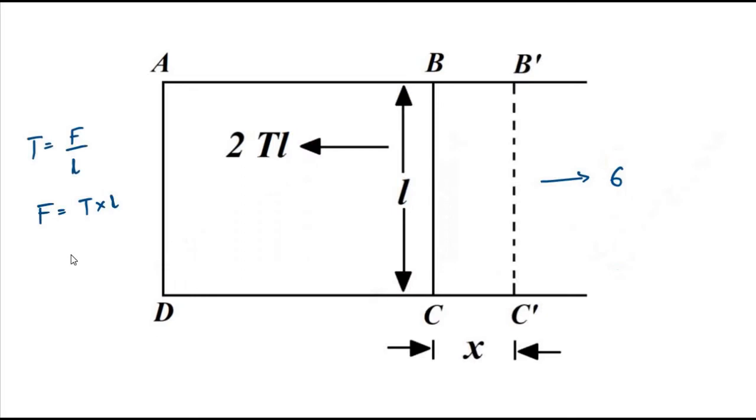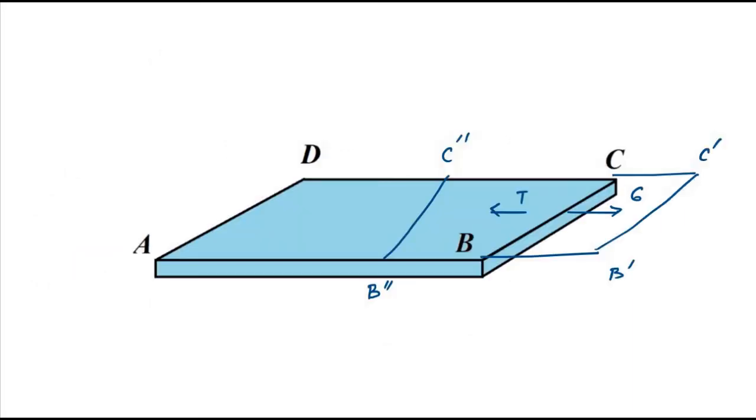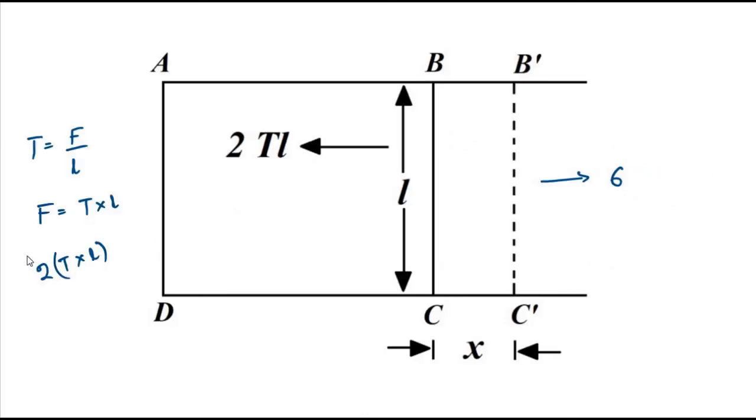That's why the total force acting will be twice of this: surface tension multiplied with length, twice of that, because it acts on both the top and bottom of the film.